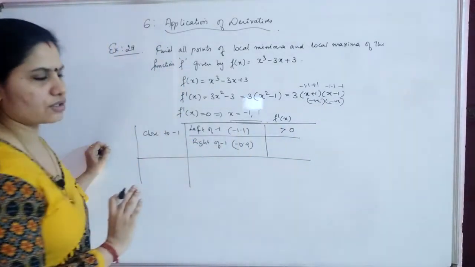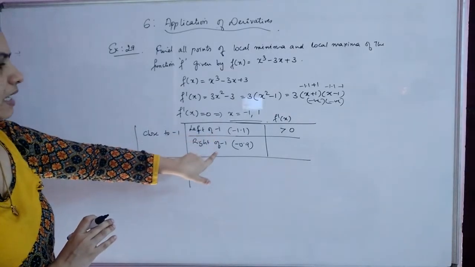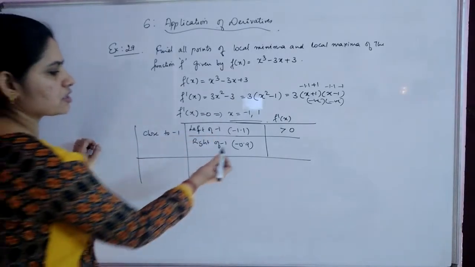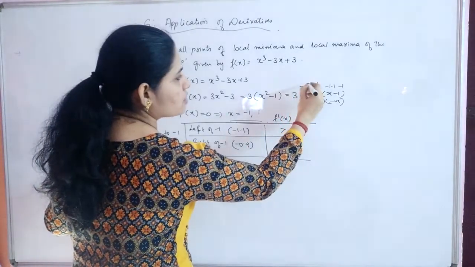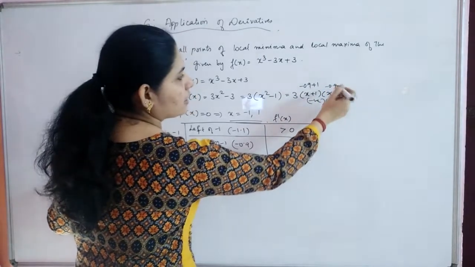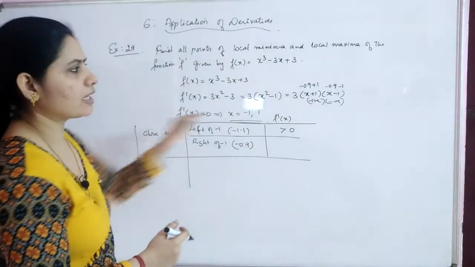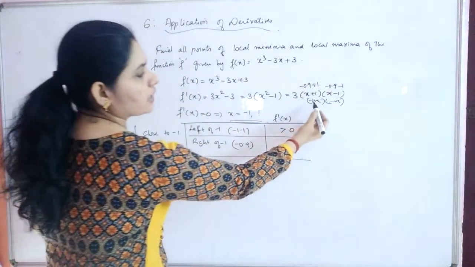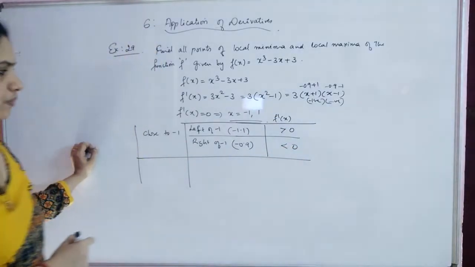So f dash of x is greater than 0 to the left of minus 1. Now for right of minus 1, when you substitute minus 0.9, this gives you negative, but this, 1 minus 0.9, gives you positive. So you will get positive into negative, which will be negative, so it is less than 0.